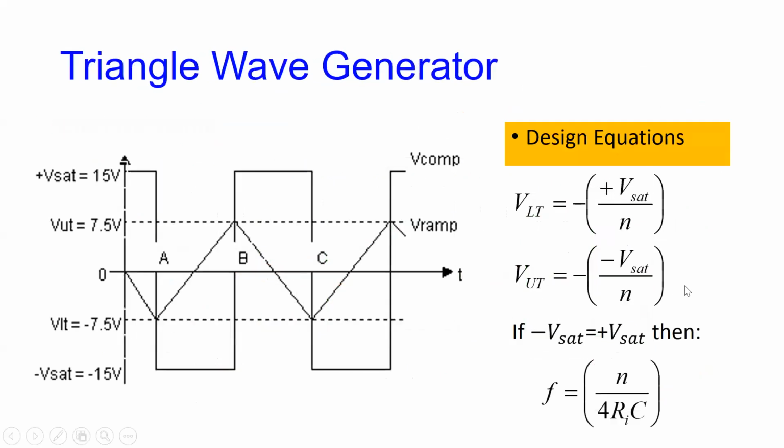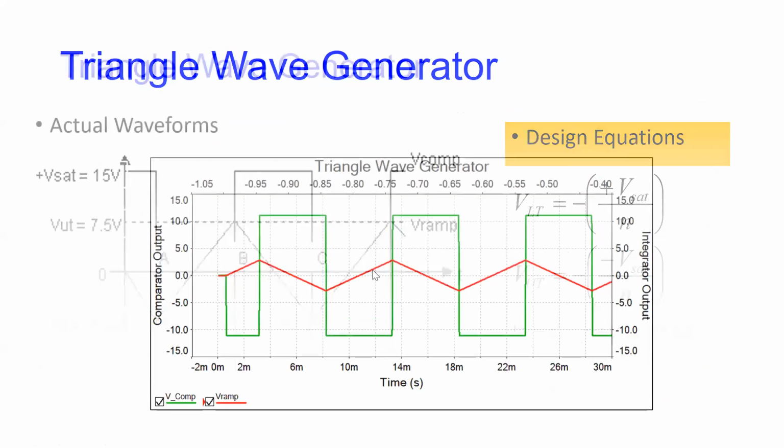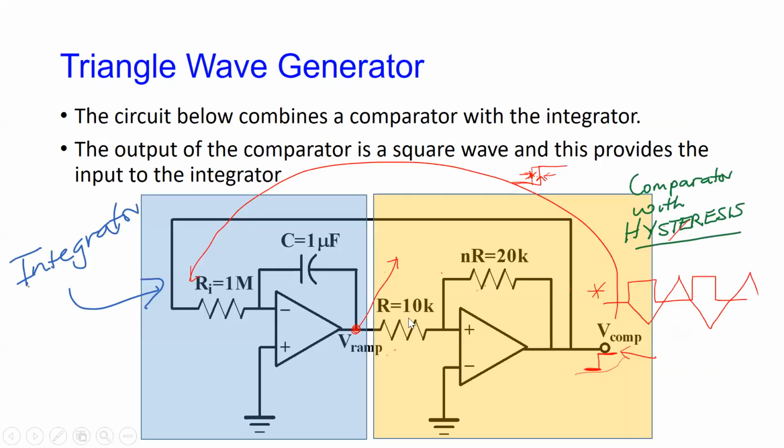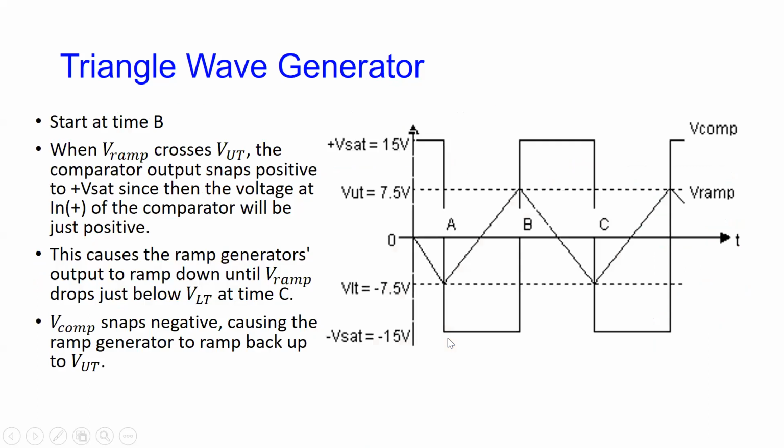What you have to do to design this is simply, first off, determine the saturated voltage of the op-amp. Let's say the op-amp saturated voltage is 9. Then you determine the trigger voltage, the comparator voltage, where it flips, causing it to trip positive or negative.